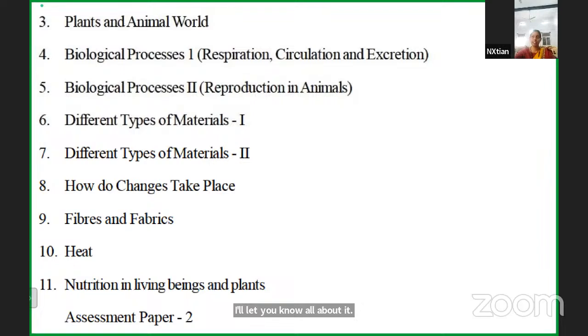We can do it in class. I'll be guiding you and you all can do it. So we'll plan the experiment. Any other ideas or things that you want to share?